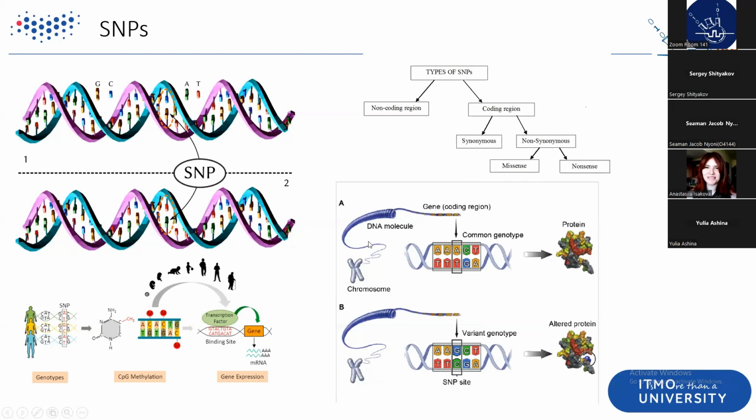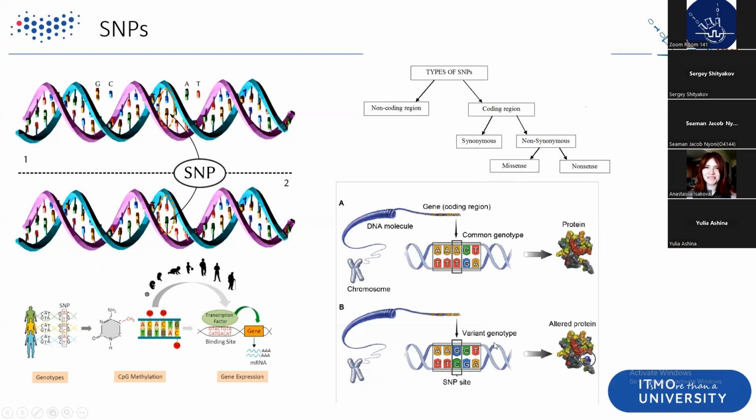If you have a chromosome, you have the gene coding region, then you have the substitution of a common genotype, and then you have a protein. If it's just a common genotype, you have no difference.